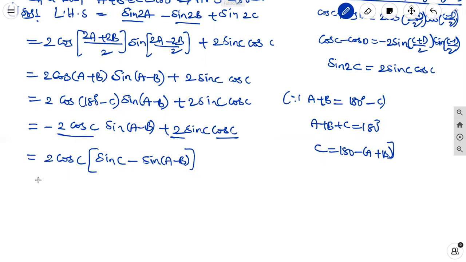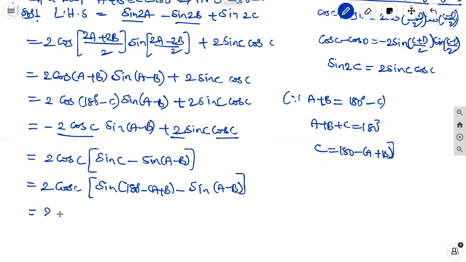Now we can substitute in the place of C: sine of 180 degrees minus (A plus B) minus sine of (A minus B). In the second quadrant sine is positive, so we can write it as sine of (A plus B) minus sine of (A minus B).